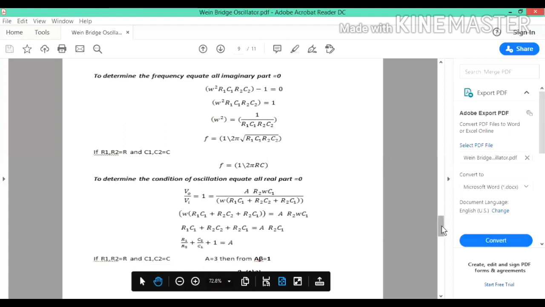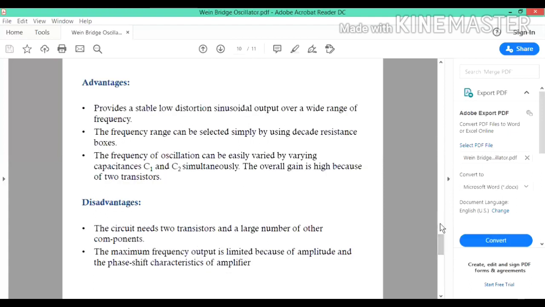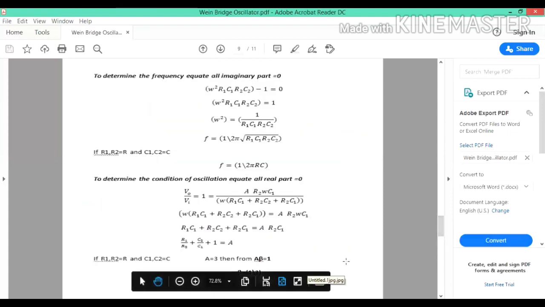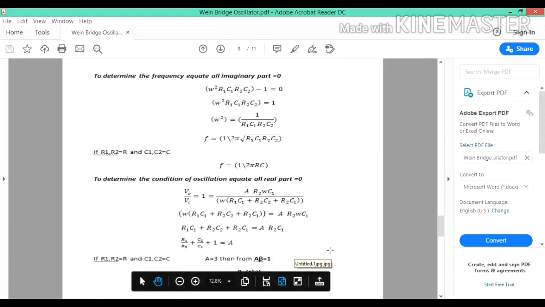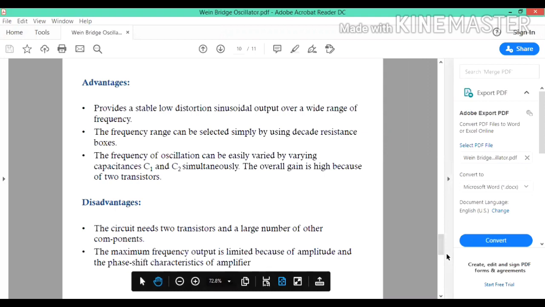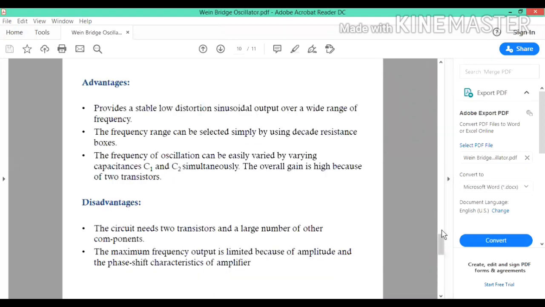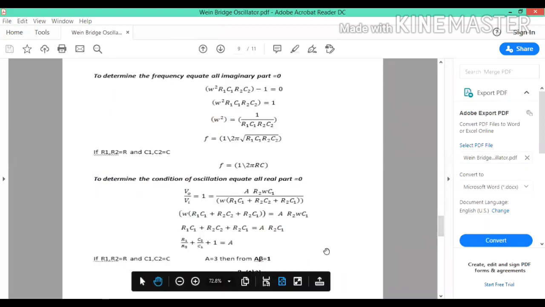Now, to get a sustained oscillation, we should satisfy the Barkhausen criterion. So, based on that, by taking A beta equal to 1 and applying the value of A equal to 3 in this equation, we can get beta equal to 1 divided by 3.